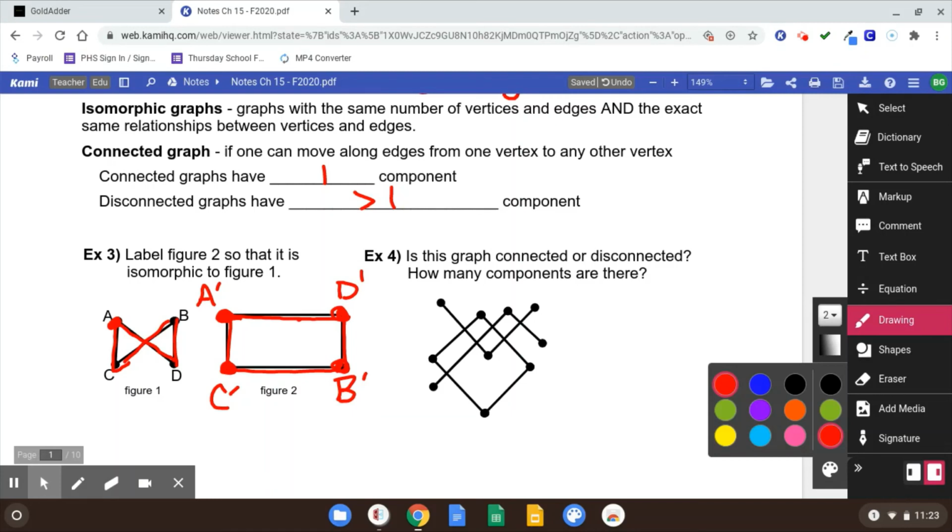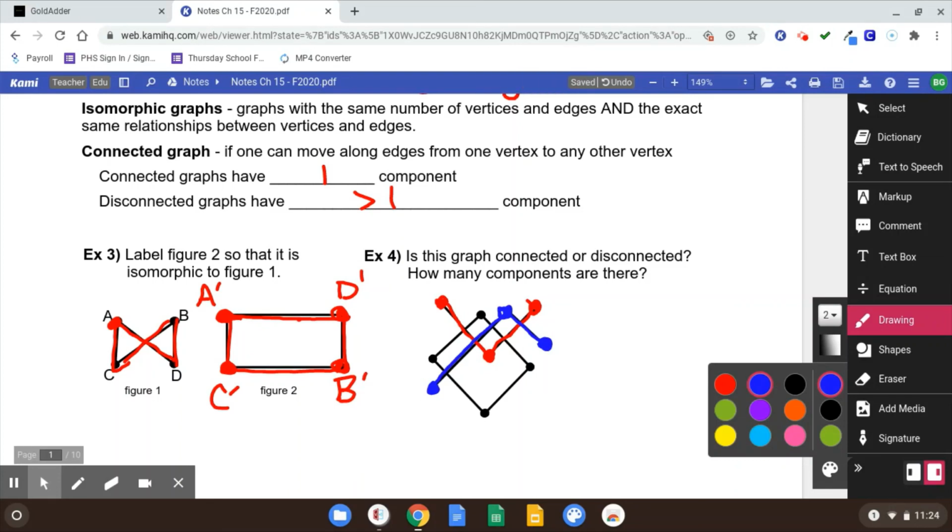Number 4, is this graph connected or disconnected? Well, if I'm traveling on this path, I have to go from dot to dot. I can't get from any of those 3 red dots to this blue dot or any of these blue dots right here. I can't get from a black dot to a red dot or from a blue dot to a black dot.